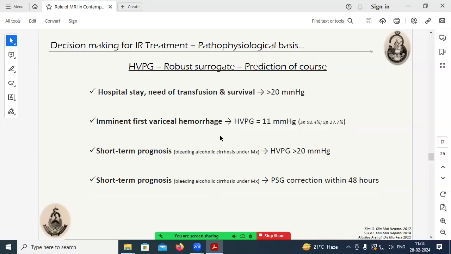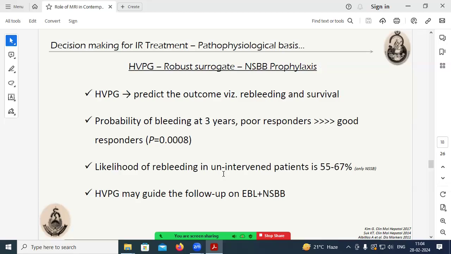If a patient of alcoholic cirrhosis walks into your ER and you are able to correct the portosystemic gradient within the first 48 hours to show that he's a responder, then that's a very good green flag for the patient in the long term. And at some centers, the HVPG has been used for monitoring the non-selective beta blocker therapy also.